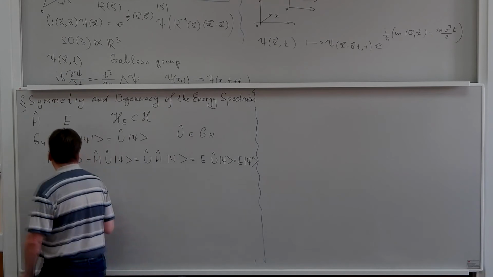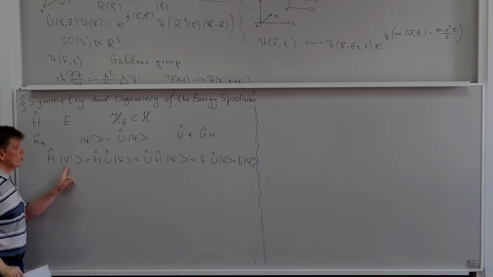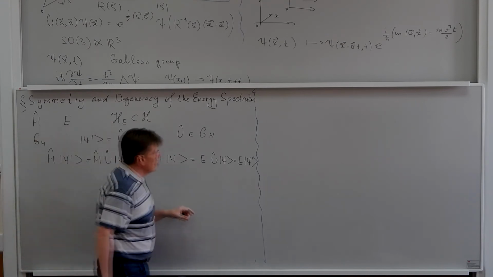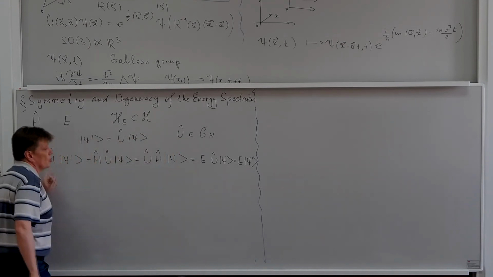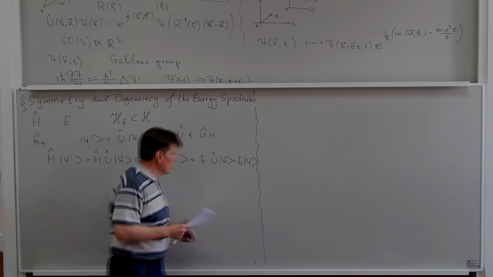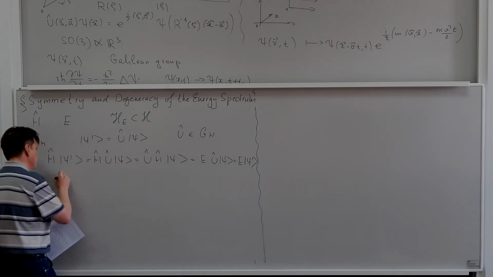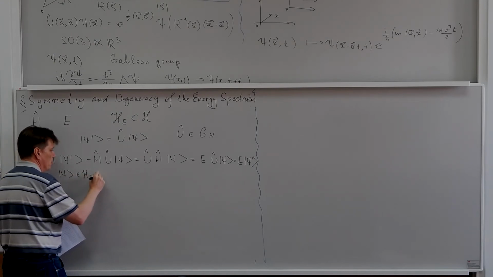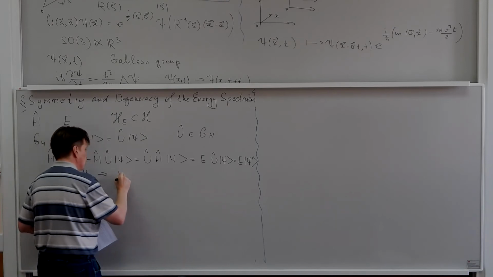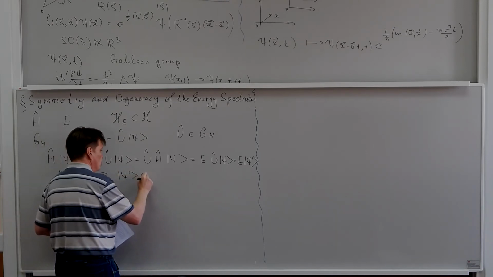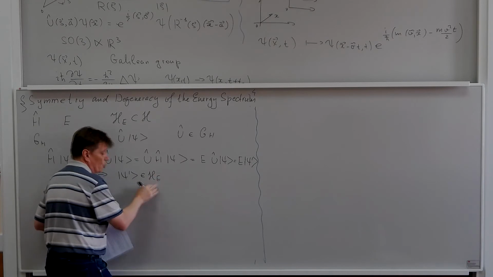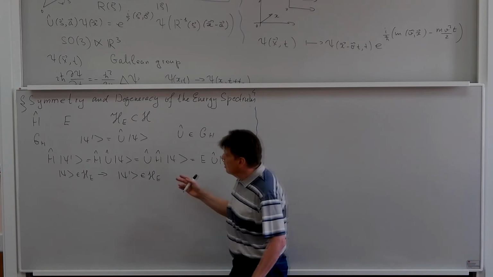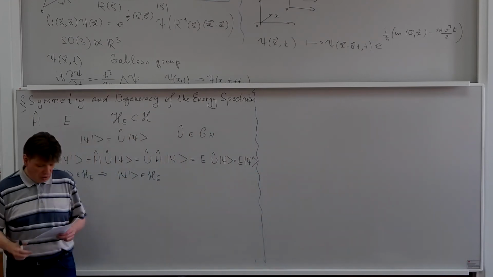So I see that psi prime is an eigenvector of the Hamiltonian with energy E. So the fact that psi is from H_E implies that the transformed vector psi prime is also from H_E. So the eigenspace H_E is invariant under the action of the symmetry group G_H.